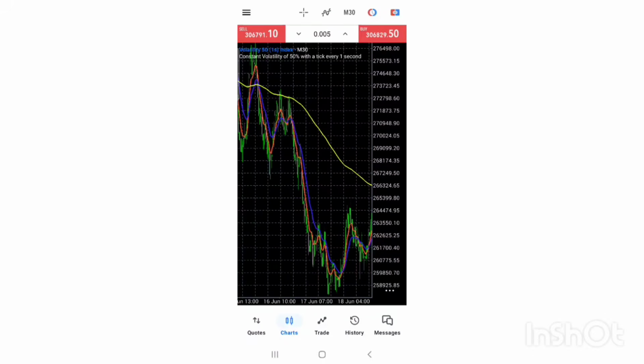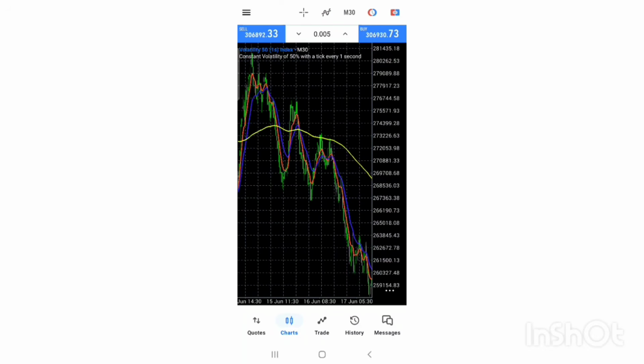Here we are. After you see the 3 bearish candlesticks and then you see the crossover, then from there you can sell. But do not sell once you see the price is ranging, even though you see a crossover. For example, right now here we have a ranging market. In a downtrend, price forms lower highs and lower lows.